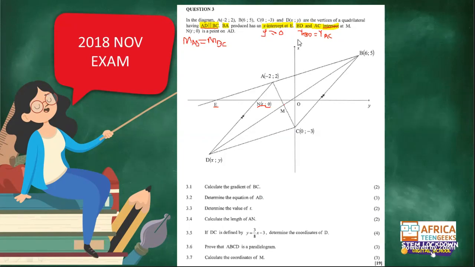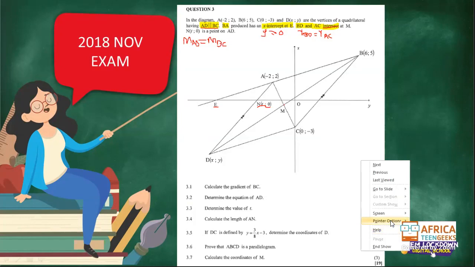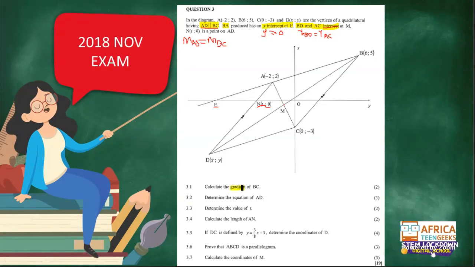And then at point M, we have BD intersecting AC and we can equate their equations. So in our questions, they want us to calculate the gradient. They want us to determine the equation.